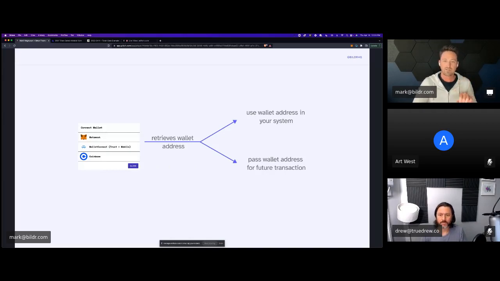They choose the wallet, that retrieves the wallet address, and then you can do one of two things with that. You can use that wallet address in your system to provide the service that you're wanting. You can store that in the system for future use, or later you can pass that wallet address to a future transaction. And there's a lot of details in there. I'm going through transactions and signatures and all those things.